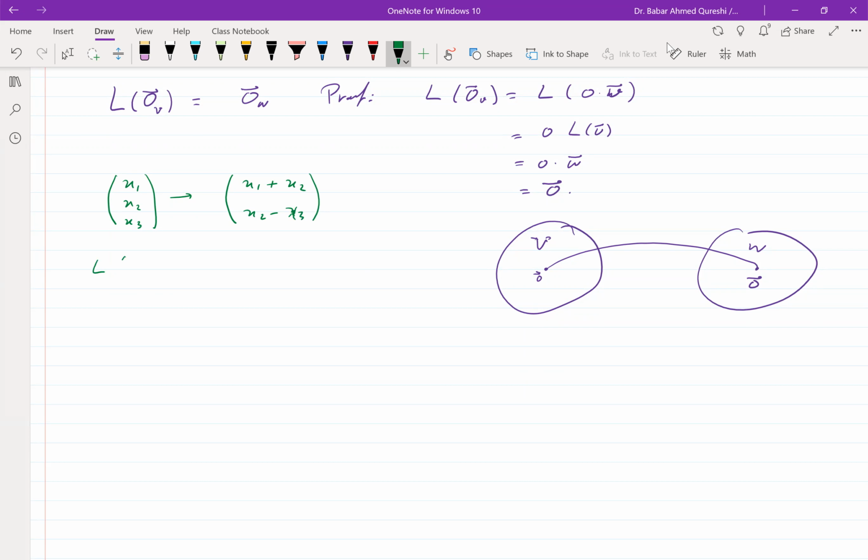I can check that if I take the 0, I have to add the first component to the second and subtract the third from the second. So it does give me the zero of R2.